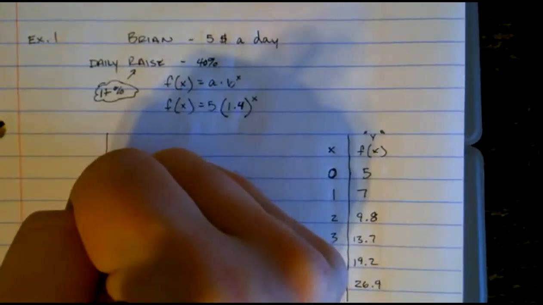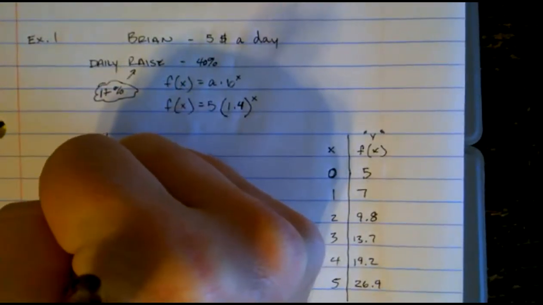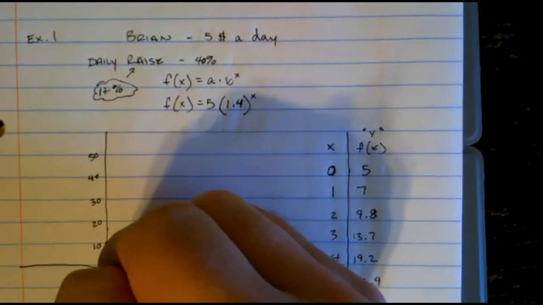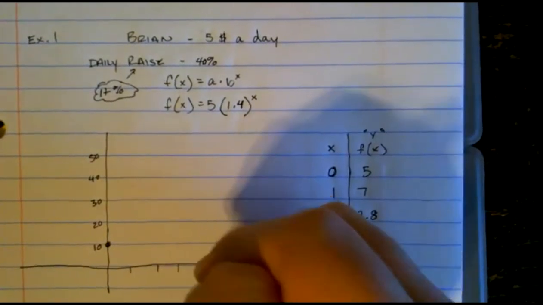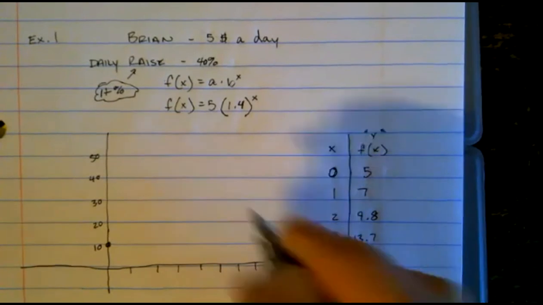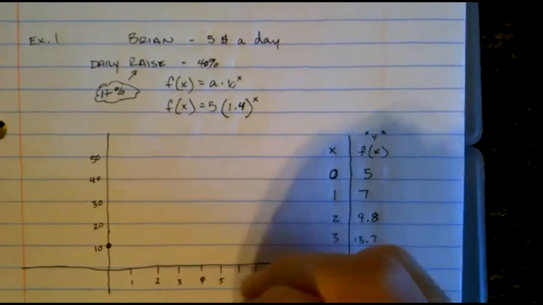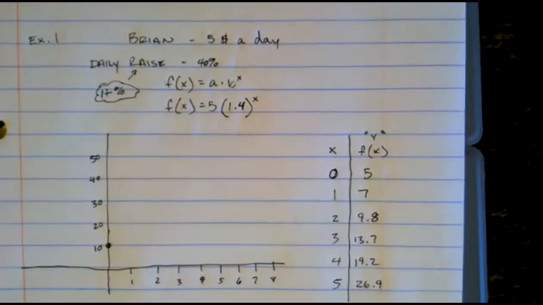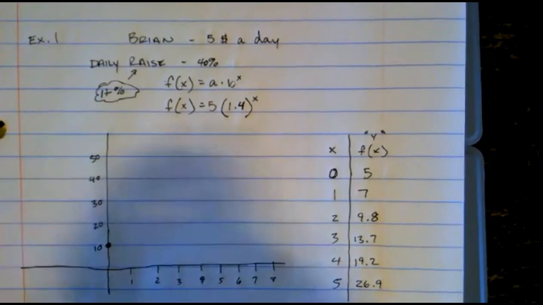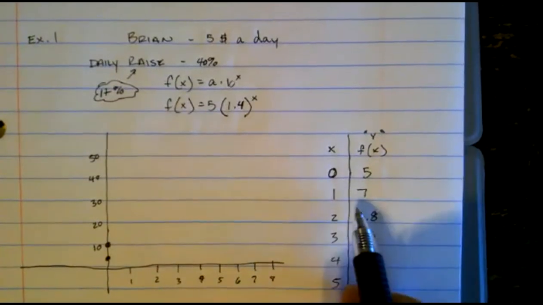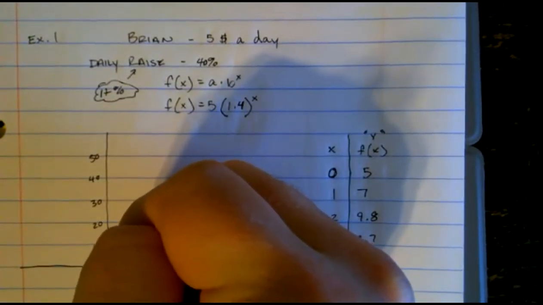Let's do it by tens: 10, 20, 30, 40, 50. Okay, so that gives me a graph to work off of. So 1, 2, 3, 4, 5, 6, 7, 8. And I can just plot my points. So 0, 5 is going to be about right there. Then 1, 7, somewhere a little higher.